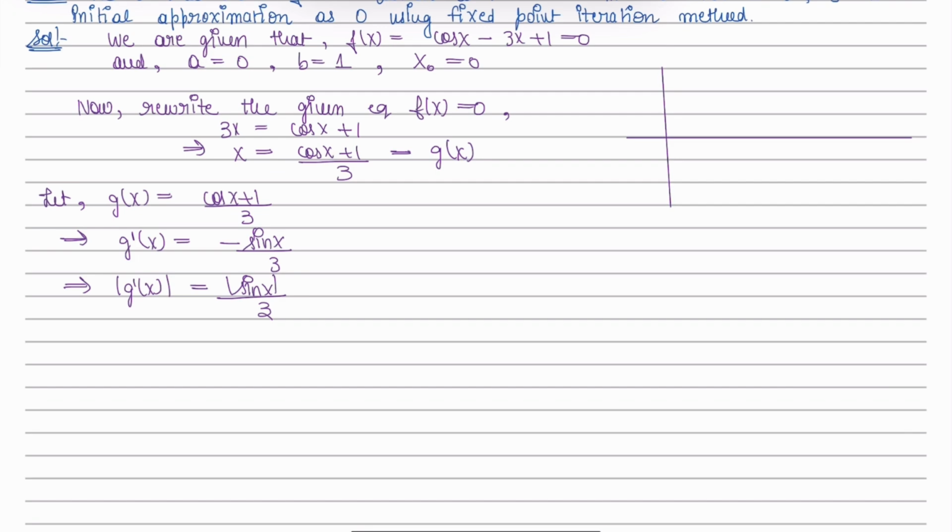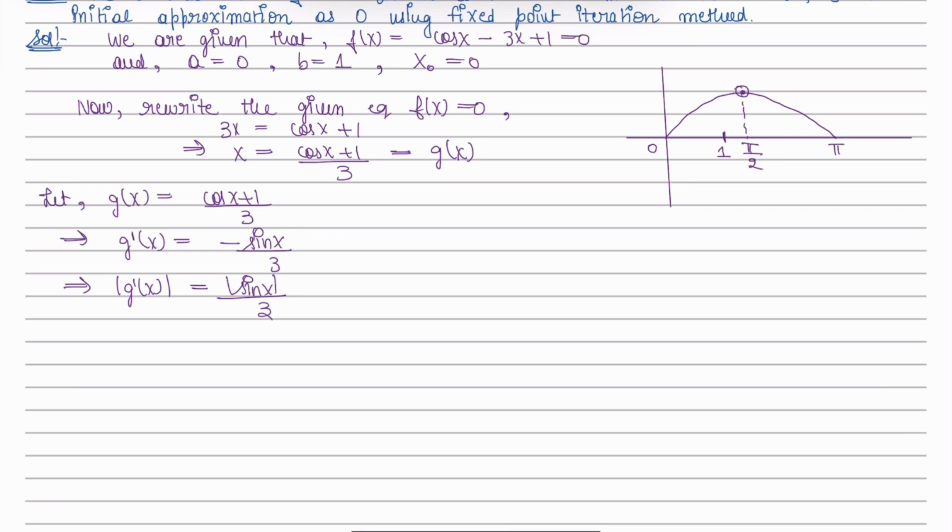We know the graph of sin of x is like this in the interval 0, pi, where the highest value of sin of x is 1 at pi by 2. Taking the value of pi as 3.14, we know that pi by 2 is strictly greater than 1.